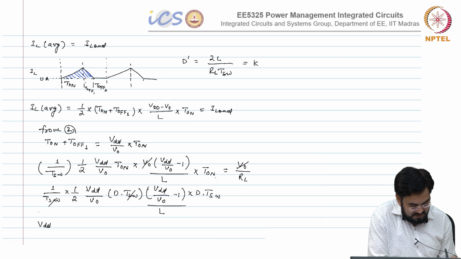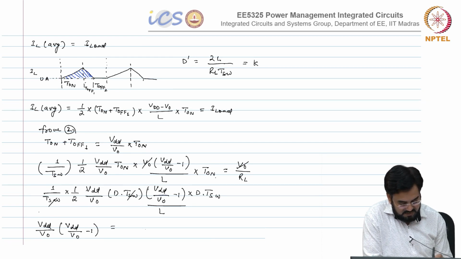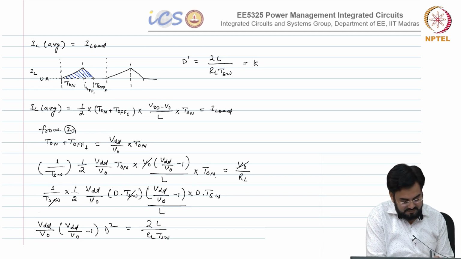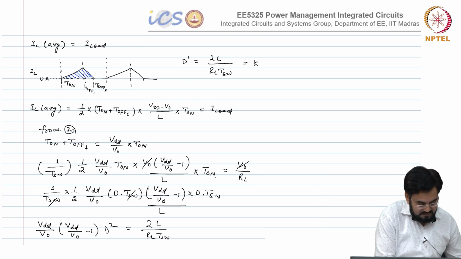So VDD over V_out into (VDD over V_out minus 1) equal to D square equal to twice of L over R_L T_SW. Correct?